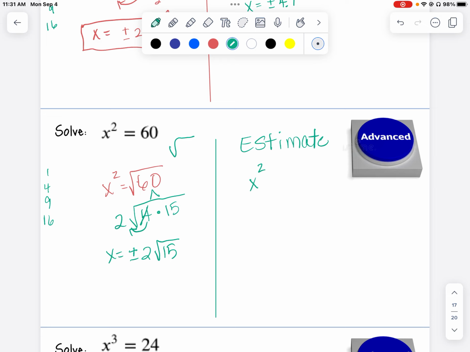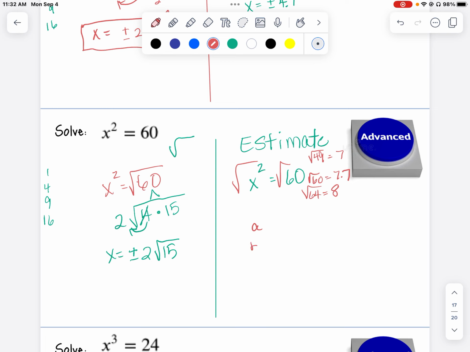My estimated term, well, I know the square root of 49 is 7. I know the square root of 64 is 8. So I'm going to estimate the square root of 60, probably more than 7.5, so maybe like 7.7, 7.6. And most of the time, you can tell from your estimated answers.